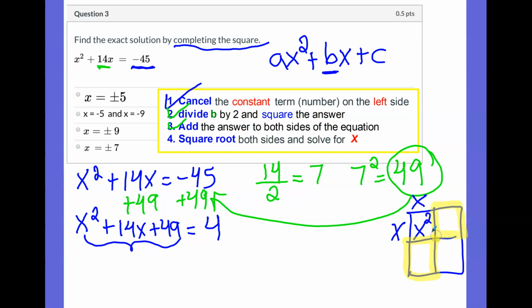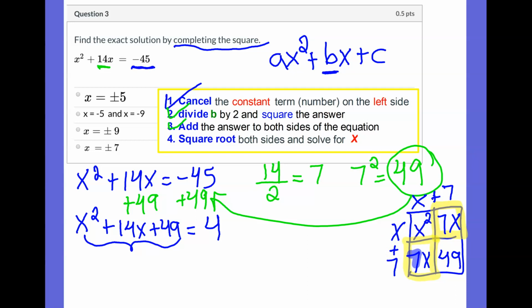So that means that we will put 7x and 7x. Now I know that 7x plus 7x equals 14x, and I know that I multiply 7 times 7 to get 49. So these are my factors.